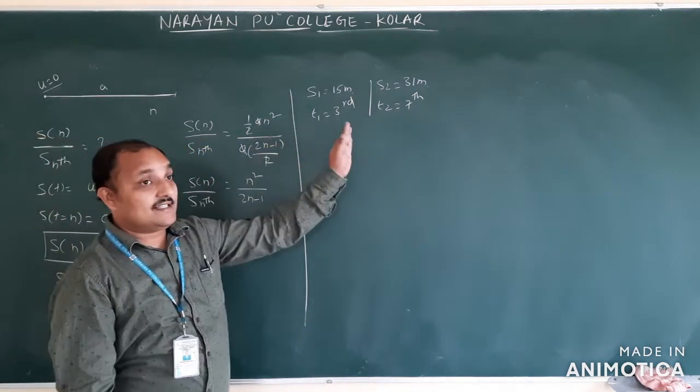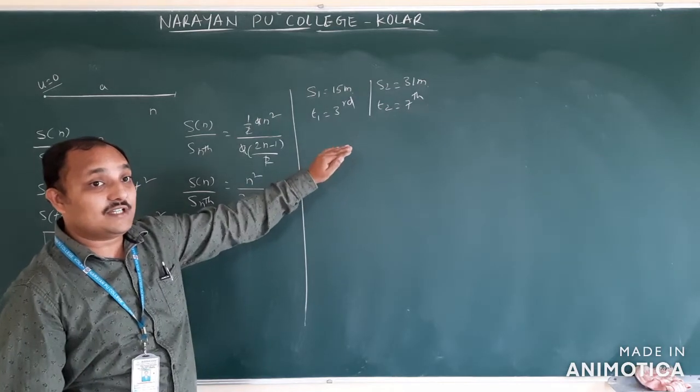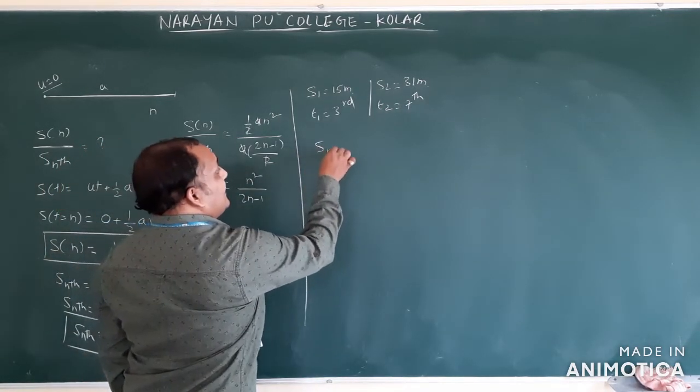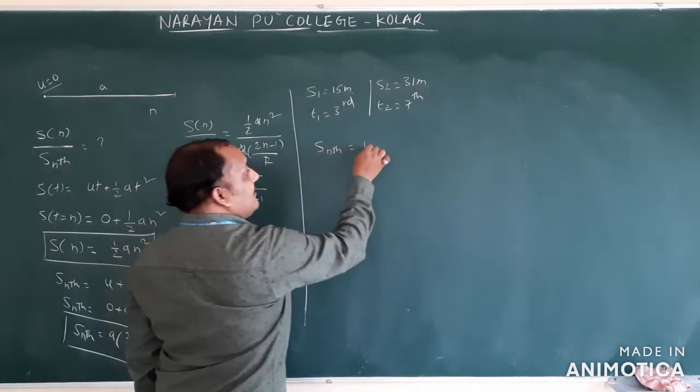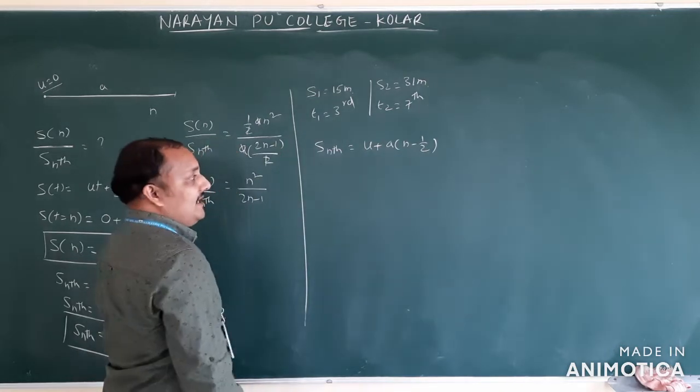So I told you, for first, second, third, fourth, fifth second like that, which formula do you have to use? Distance covered in the nth second, which is U plus A into (n minus 1) by 2.